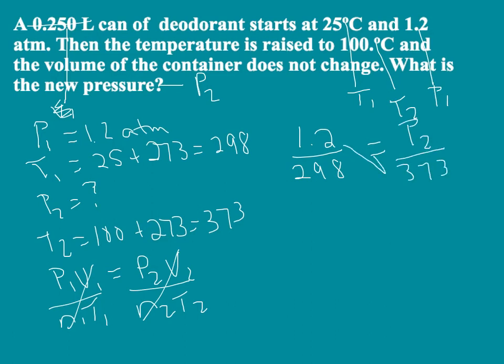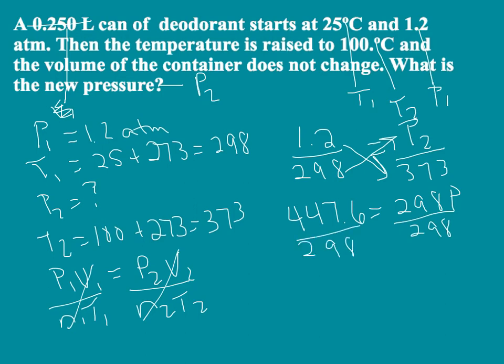We're going to cross multiply 1.2 times 373, which will give us 447.6 is equal to 298 times P. Divide by 298 to solve for P. P2 is equal to 1.50, looking at the pressure units, atm.